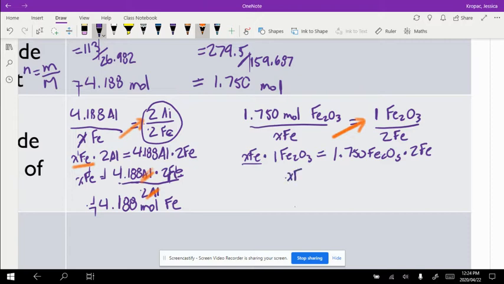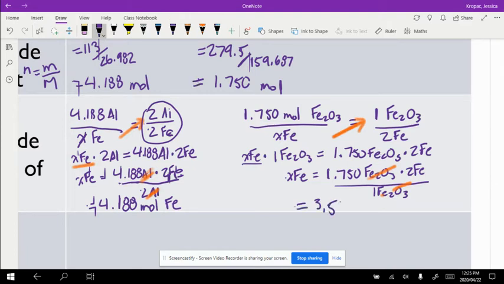It's going to look like this. Those Fe2O3s are going to cancel out, so all that I'm going to be left with is 1.75 times 2. So I'm going to find that I have 3.501 moles of iron. All right, that is a lot of math.